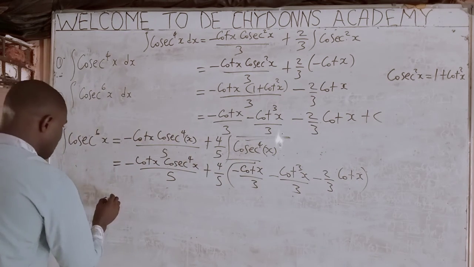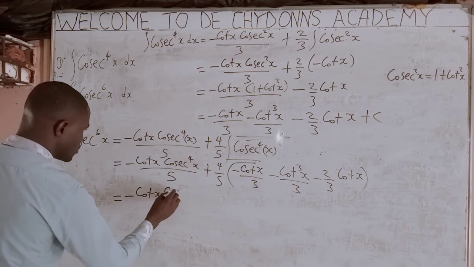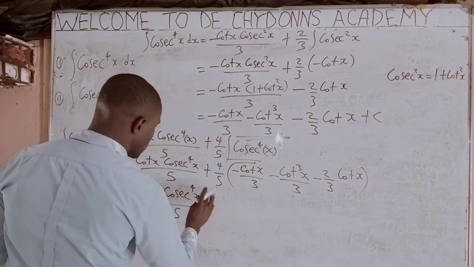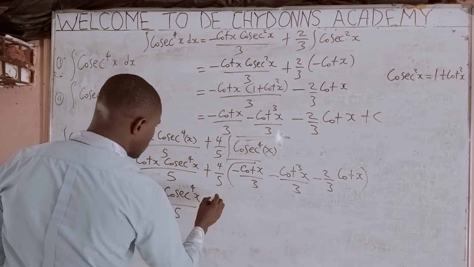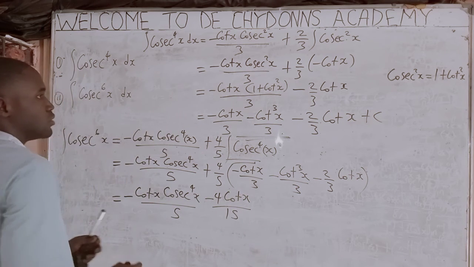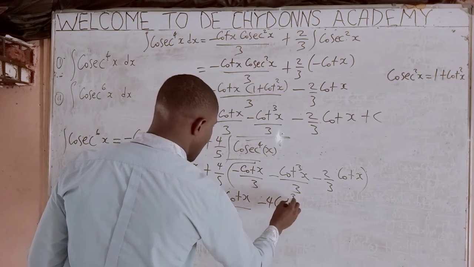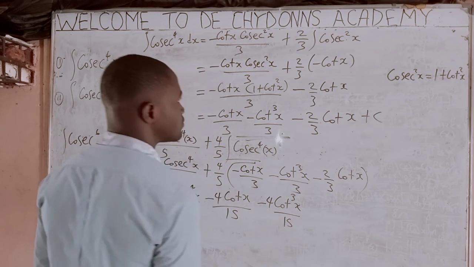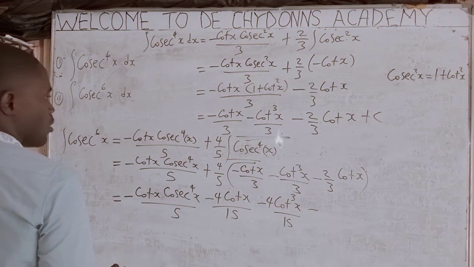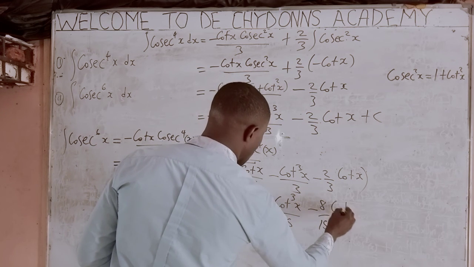Finally my answer will be minus cot x cosec raised to power 4 x all over 5 plus, this times is minus 4 cot x all over 15, then this times is minus 4 cot raised to power 3 x all over 15, then this times is minus 8 all over 15 cot x.